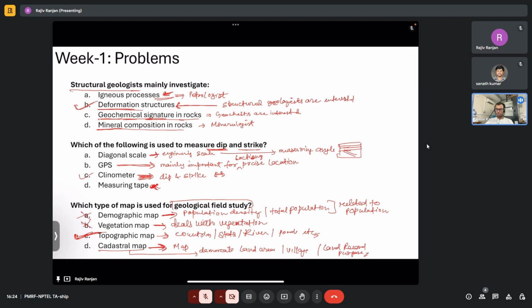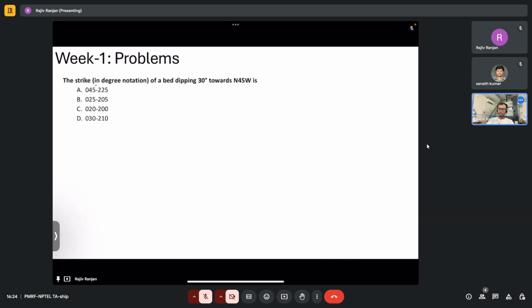So Sanat, you try to solve this question. I will read out: the strike of a bed dipping 30 degrees towards north 45 degrees west. So try to find the strike of a bed whose dip is 30 degrees and direction is north 45 degrees west. I will give you some time. Once you are done, let me know.